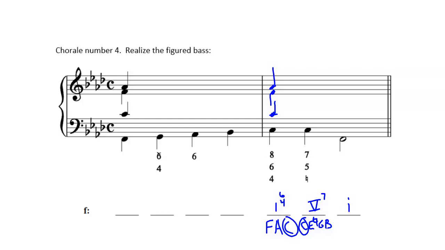Okay, so that 8, the tenor, goes to the 7. Okay, the 6, which is the 6th above the bass, is an A, comes down to the 5, which is the G, and the 4, which is the F, comes down to the E natural.